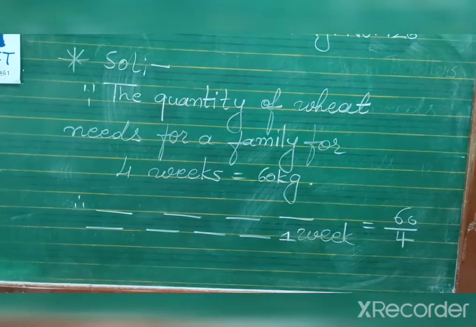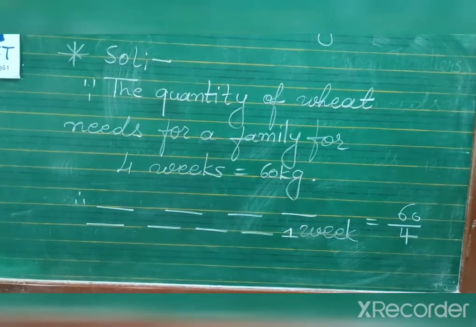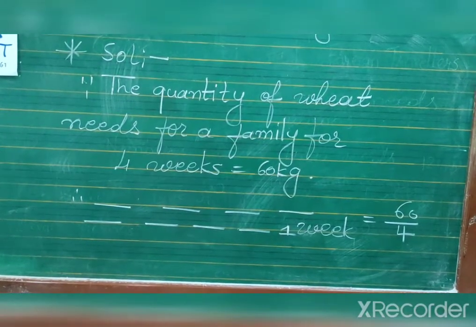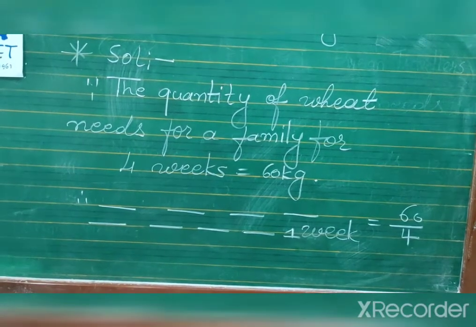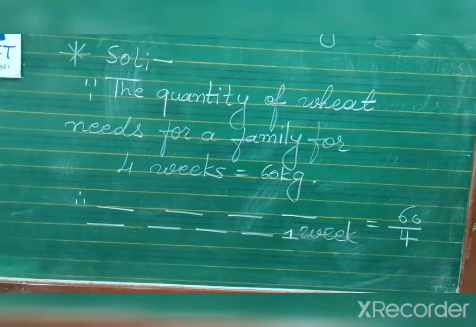For 1 week the quantity of wheat a family needs is dash kg.